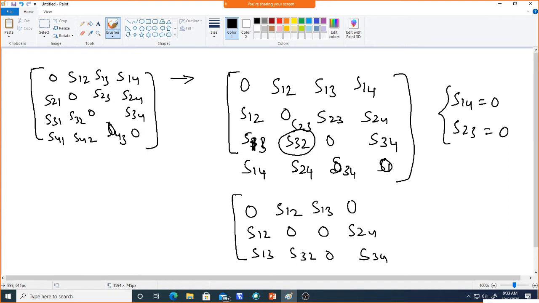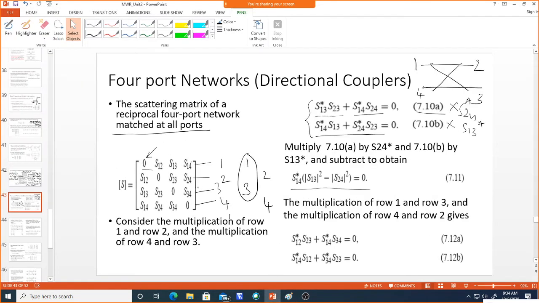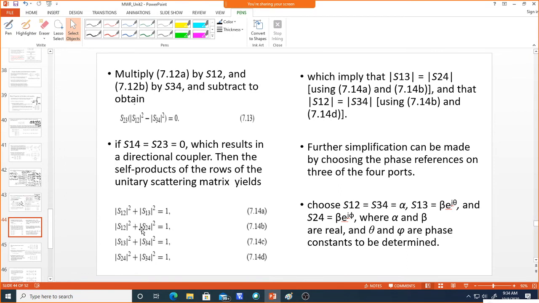So here it is S23, which will also become 0. Then S14 and S24, S34, and so on, 0. Okay, so now if you multiply the columns, you will get these equations. If you multiply the corresponding columns here, you will get this equation, that is S12 square plus S13 square equal to 1.